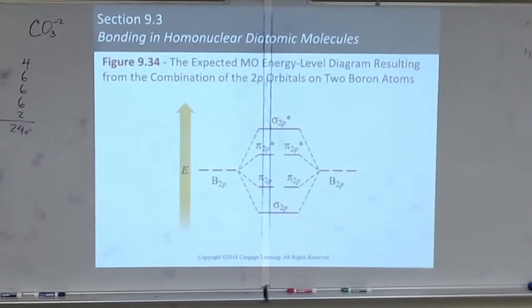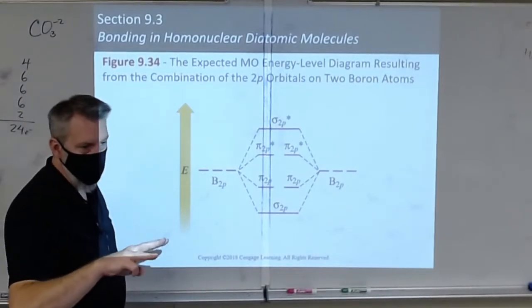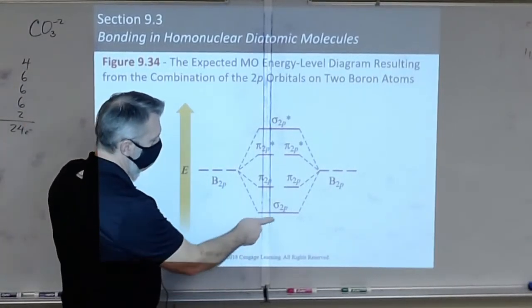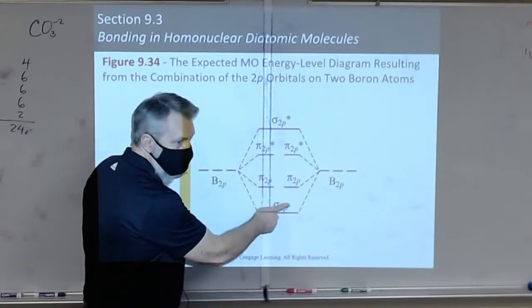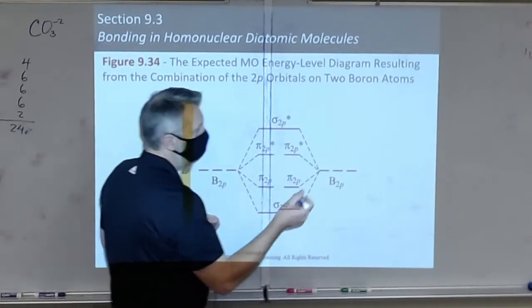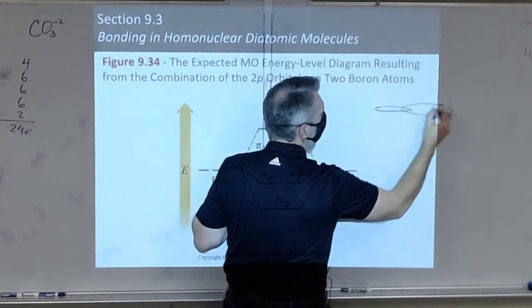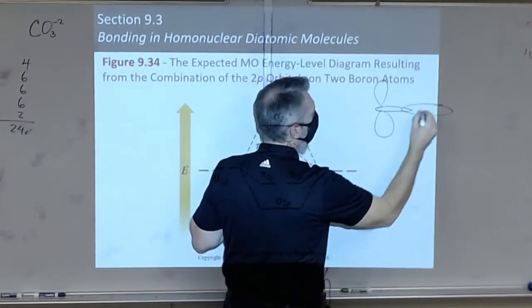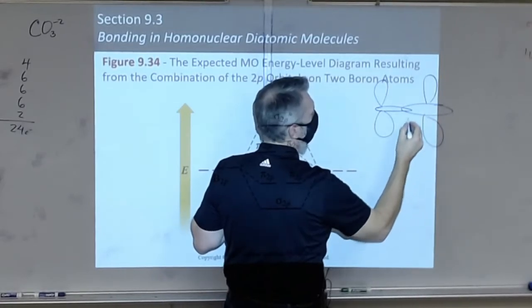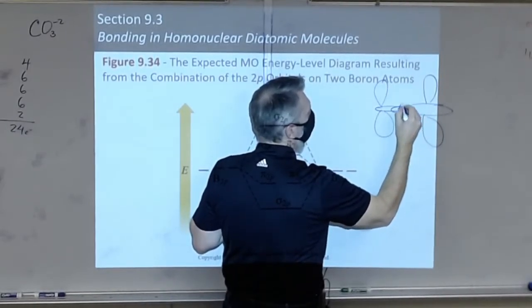So I would draw that. Here's our boron. Each boron has the 3 P's. So I've got one of the P's, the sigma, right? I've got the P that's there. This one up, one down.